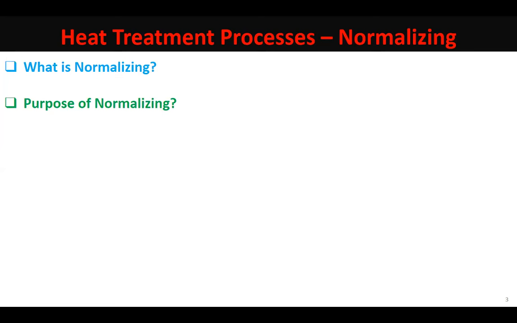So always when hardening heat treatment has to be given to any steel, normalizing heat treatment is used as a pre-treatment to set its microstructure, and then hardening is given.